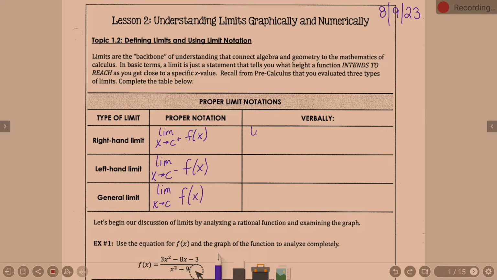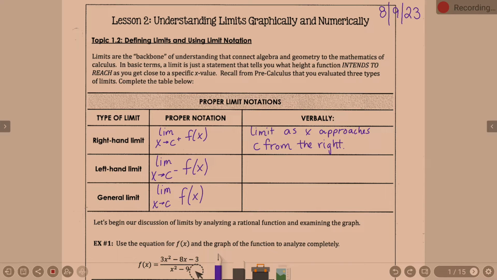Verbally, these are all going to kind of be the same, but this is the limit as x approaches c from the right. You could also write it as x approaches c from the positive side.